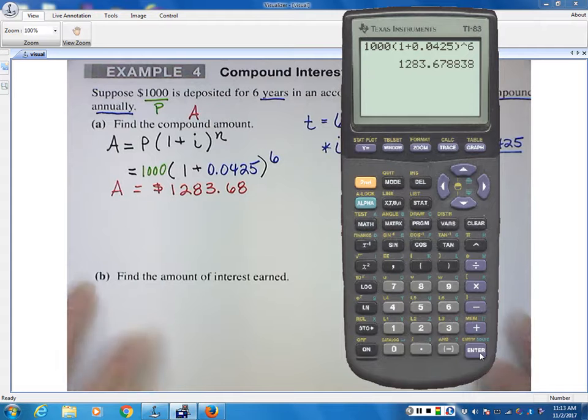And then it says find the amount of interest earned. Just do a subtraction. You subtract P, what you started with.